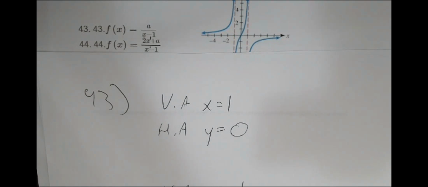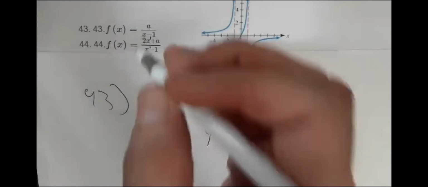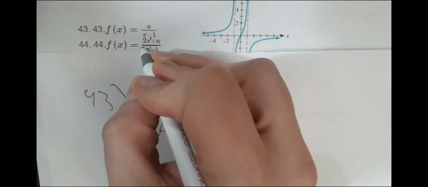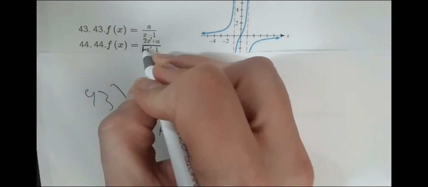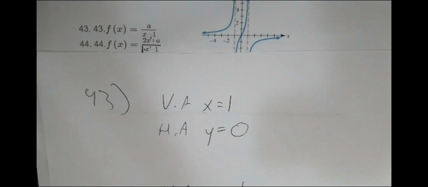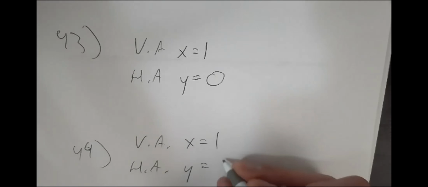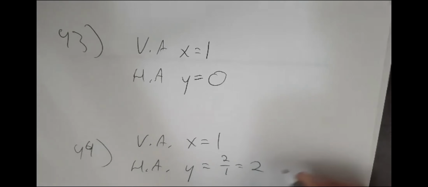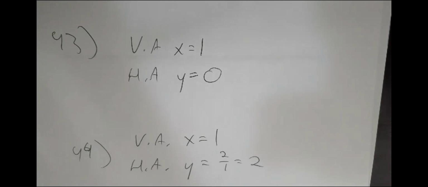We take the what? Leading coefficients and divide them. There is a 2 here. I don't see it here, but if I wanted to, I could put a 1 in front of that. This should look like y equals 2 divided by 1, or we could just say 2. So with these two things, I think we might have enough information to get these two out there.